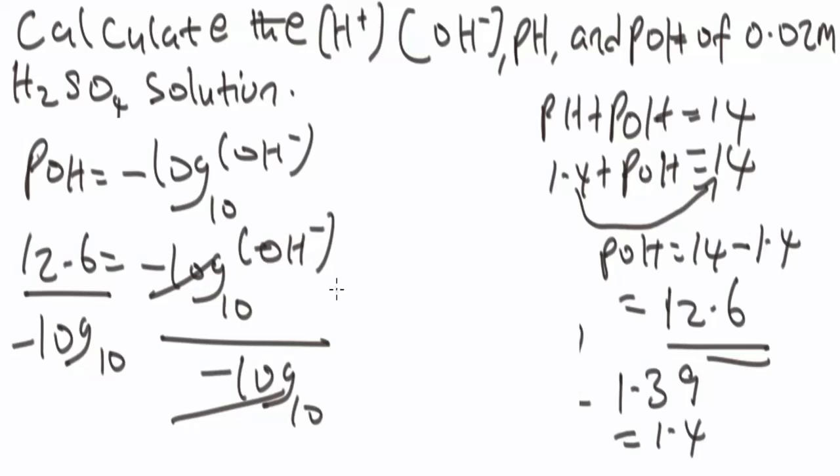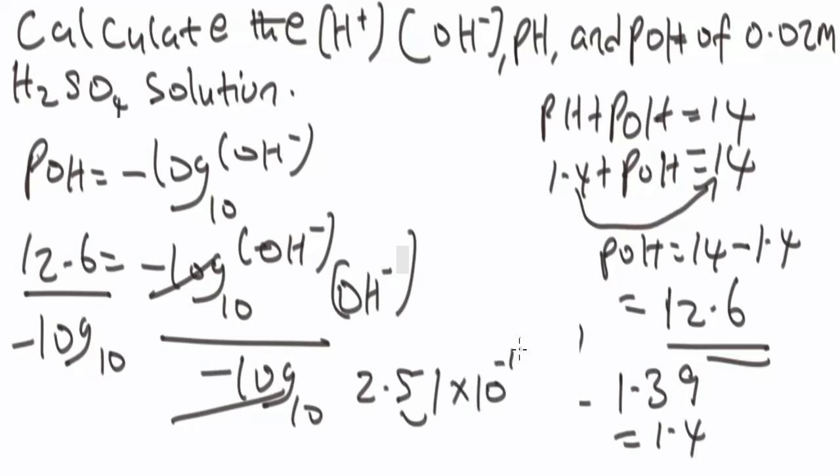And we now have our ion concentration to be the log inverse of minus 12.6. Let me punch in log inverse of minus 12.6. It's going to give us 2.51, if I leave it in two decimal places, times 10 to the power minus 13 mole.